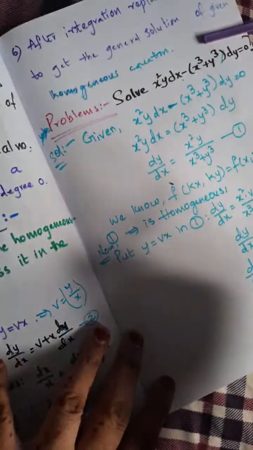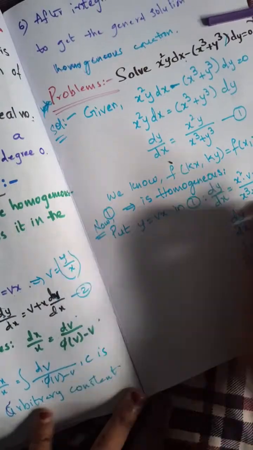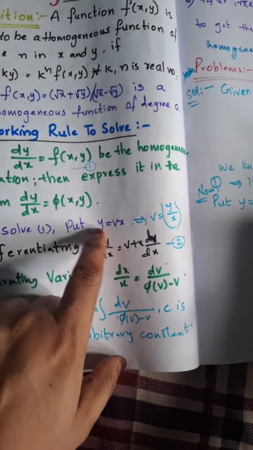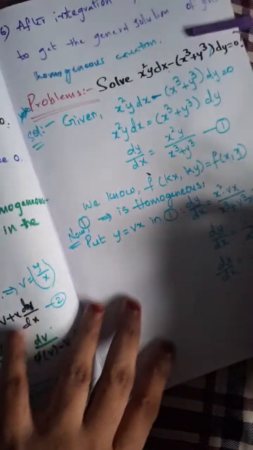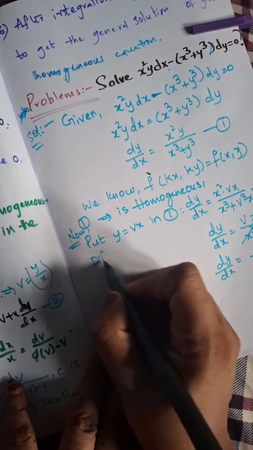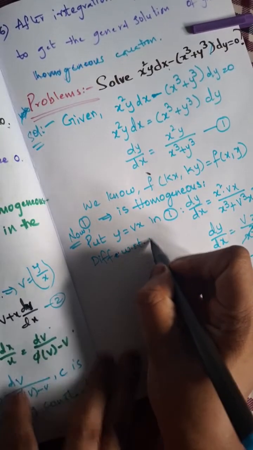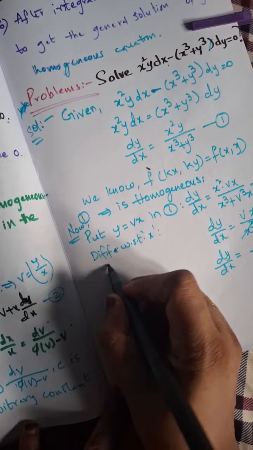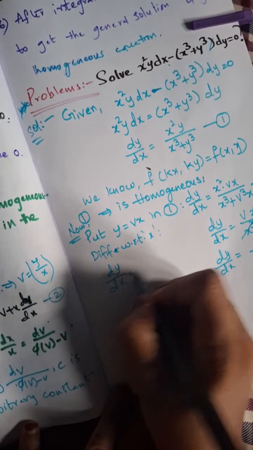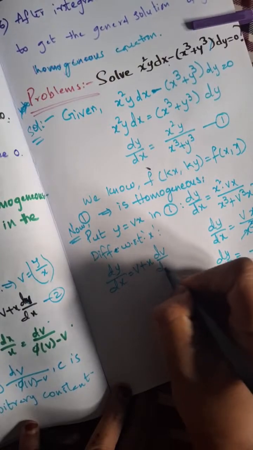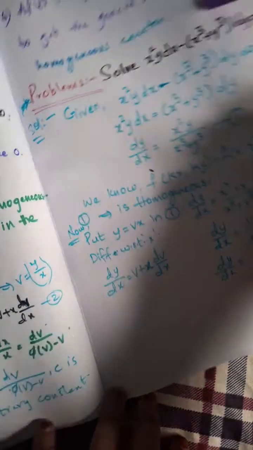But after differentiating y equal to vx, that is, differentiating the whole thing with respect to x, what will we get? dy by dx is equal to v into 1 plus x into dv by dx. Okay, this is also dy by dx.